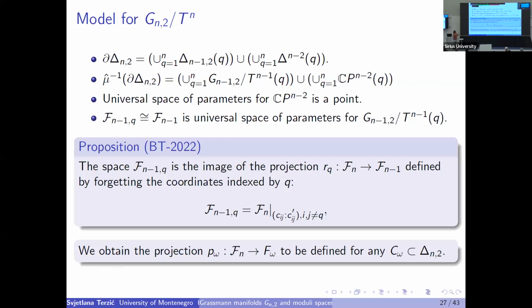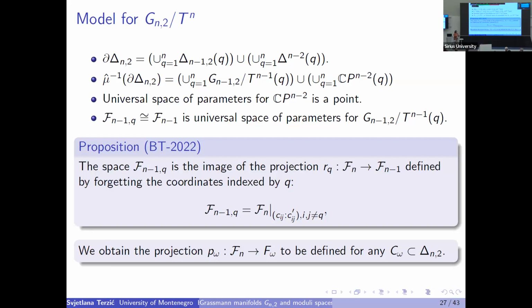There is this projection from Fn to Fn minus 1, such that we can obtain Fn minus q as the image of this projection, just forgetting the q-th coordinate. So when we consider Fn and just forget the coordinate indexed by q, then we get Fn minus 1. And in this way, we obtain that our projection from Fn to F omega is defined for any chamber C omega.